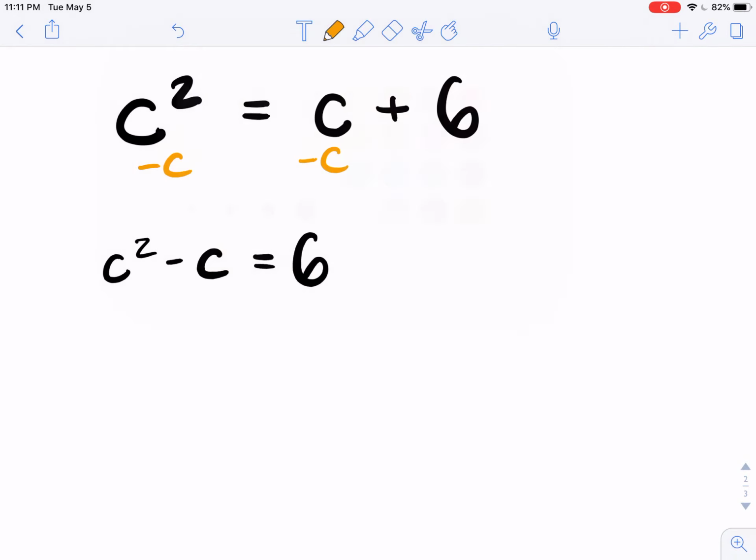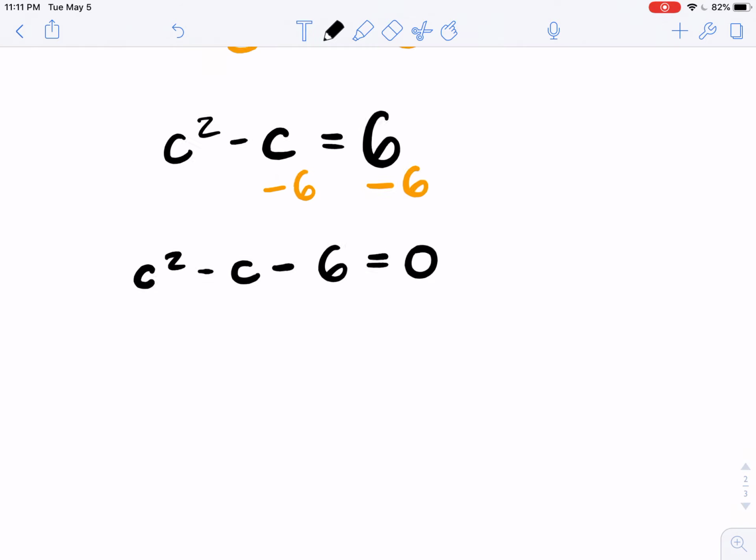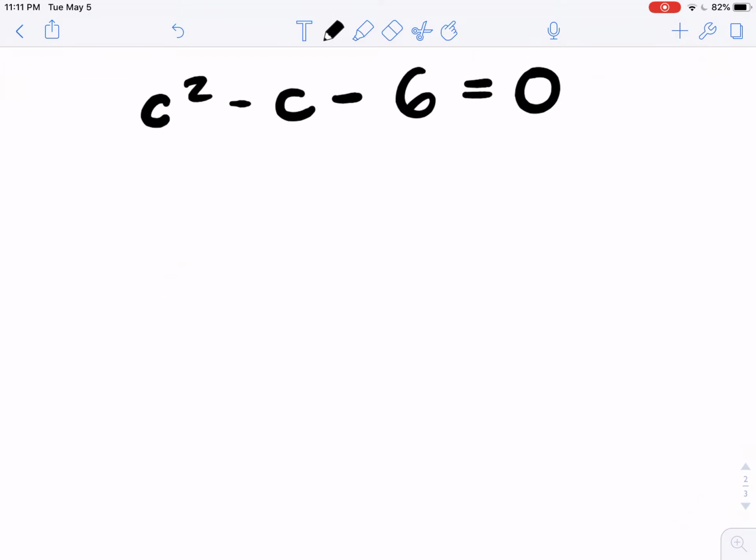Now we're getting everything on the same side, so let's subtract 6 from both sides too. Wait, Miss Van Dyke, it seems like you're only making this problem more complicated. Are you sure you're doing this right? Wow, look at what we have, you guys. We have a quadratic equation. Amazing. You ready? Let's factor it.